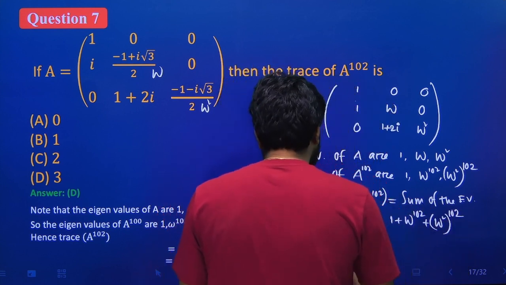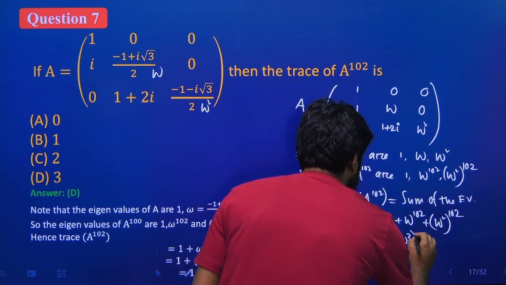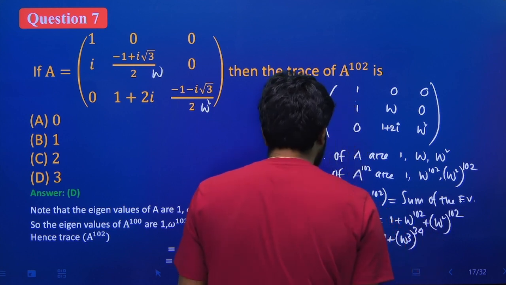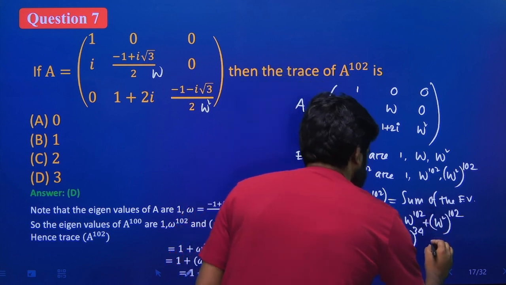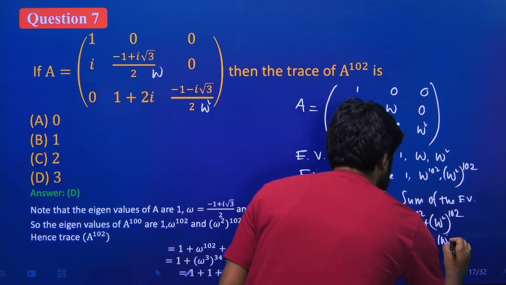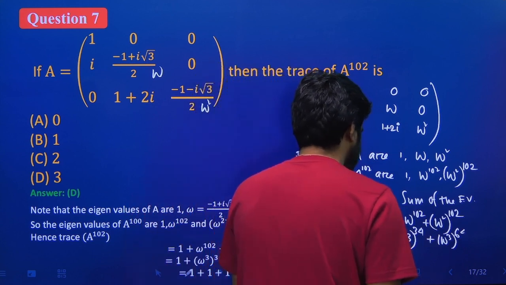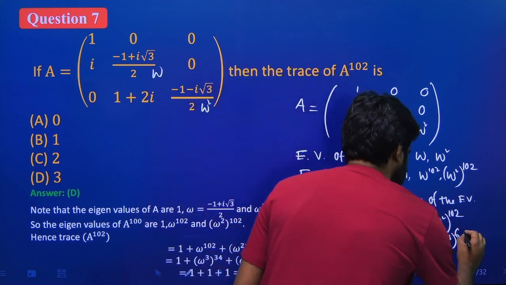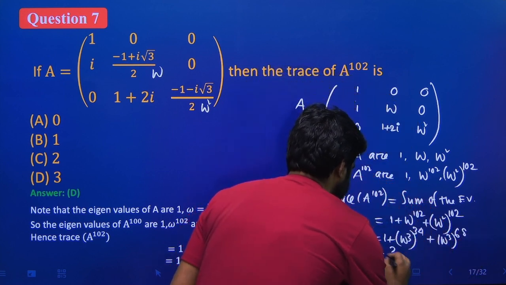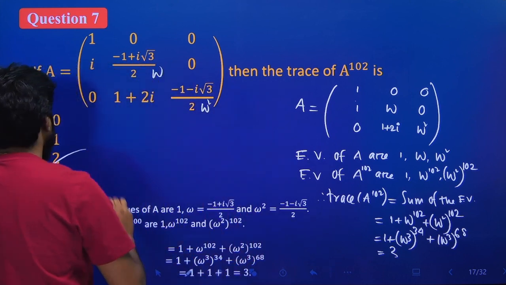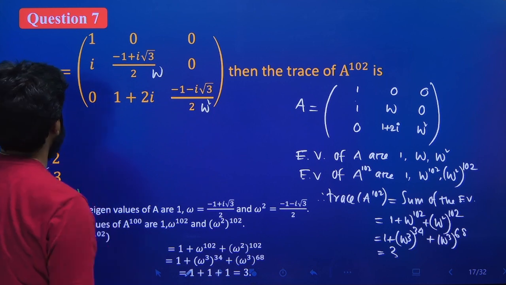So this can be written as 1 plus omega cube to the power 34, and this can be written as omega cube to the power 68, right? So omega cube is 1, so 1 plus 1 plus 1 is 3. So option D is the correct answer.